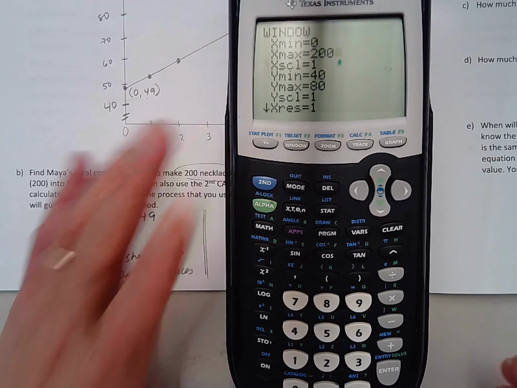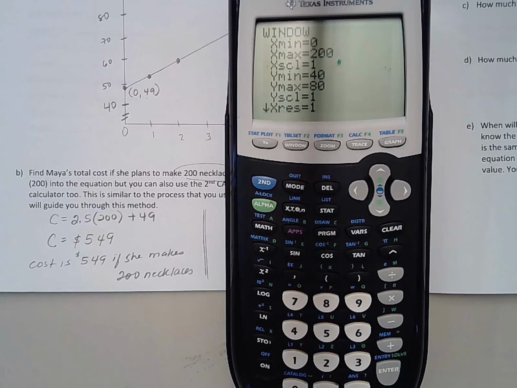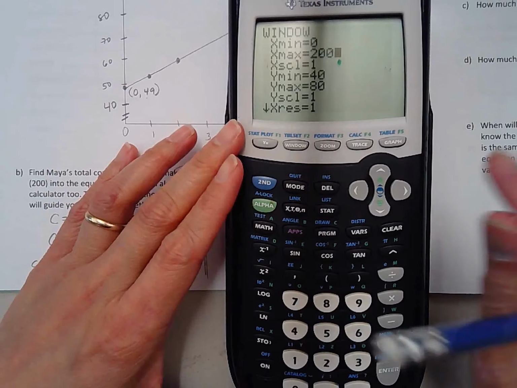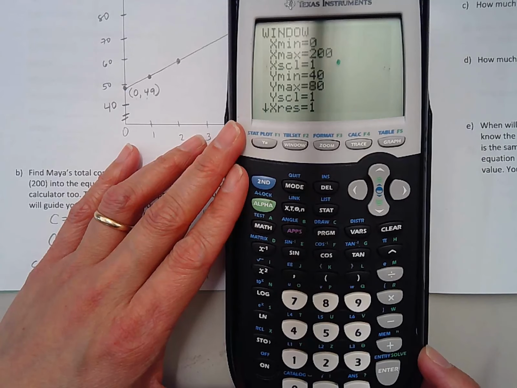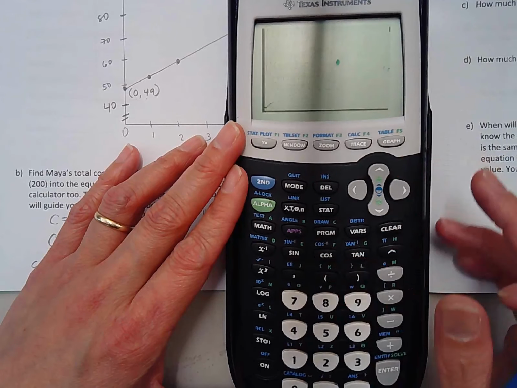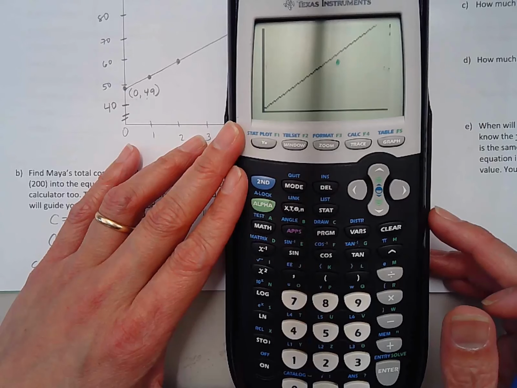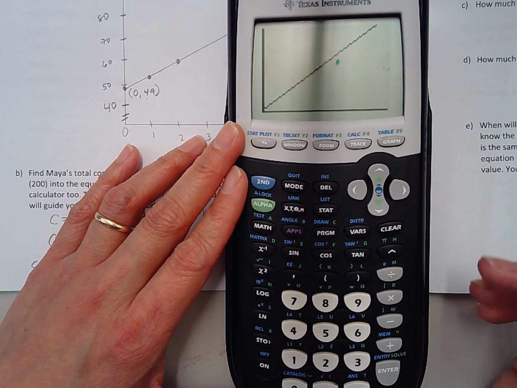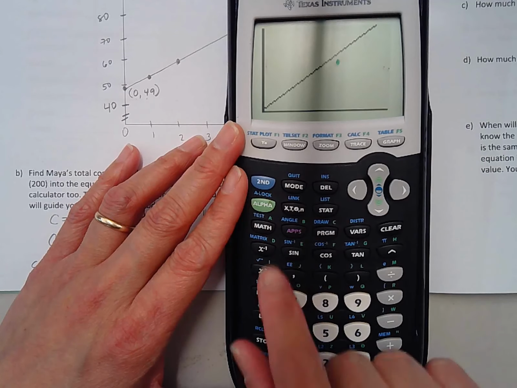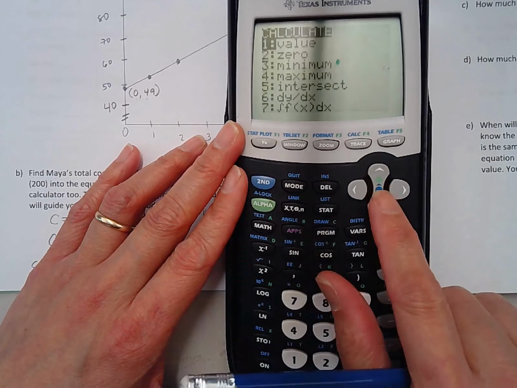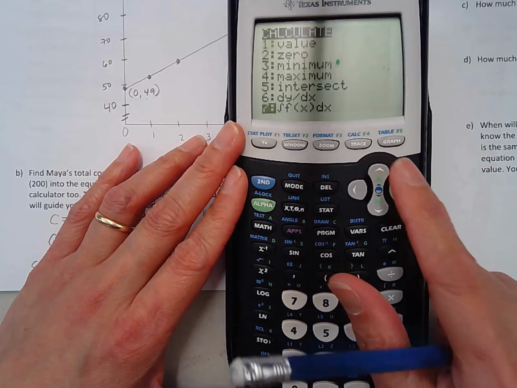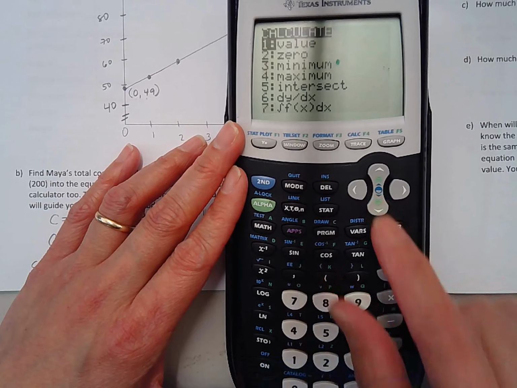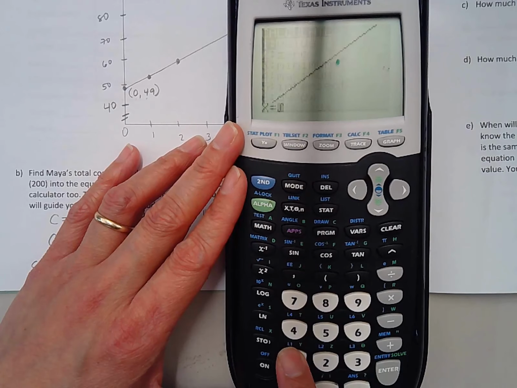The funny thing about this calculator is the only thing you need to change is the x. You could change your y too. You change it to 500. Yeah, I changed it to 500. So second function trace, 1 for value.